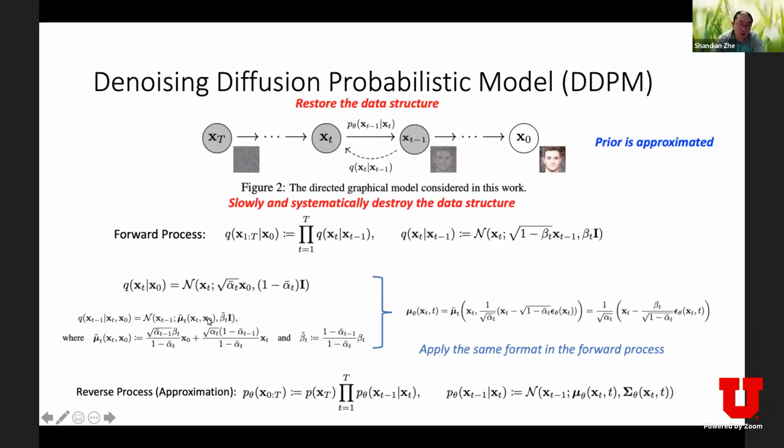Yeah, you got this one, right? How is this derived? Just use the Bayes rule, you can get such a closed form formulation.